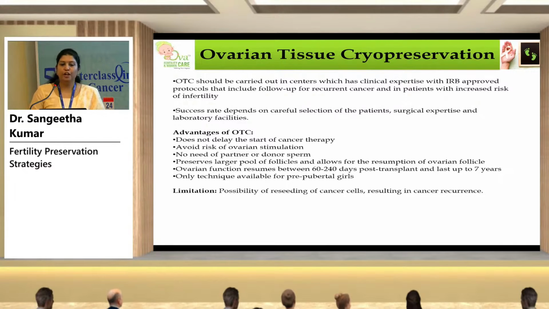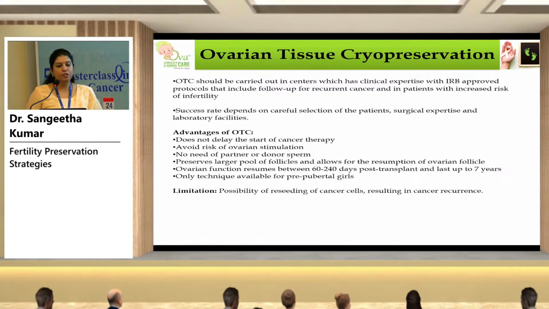Ovarian tissue cryopreservation should be carried out in centers with clinical expertise and IRB approved protocols that include follow-up for recurrent cancer and for patients with increased risk of infertility.